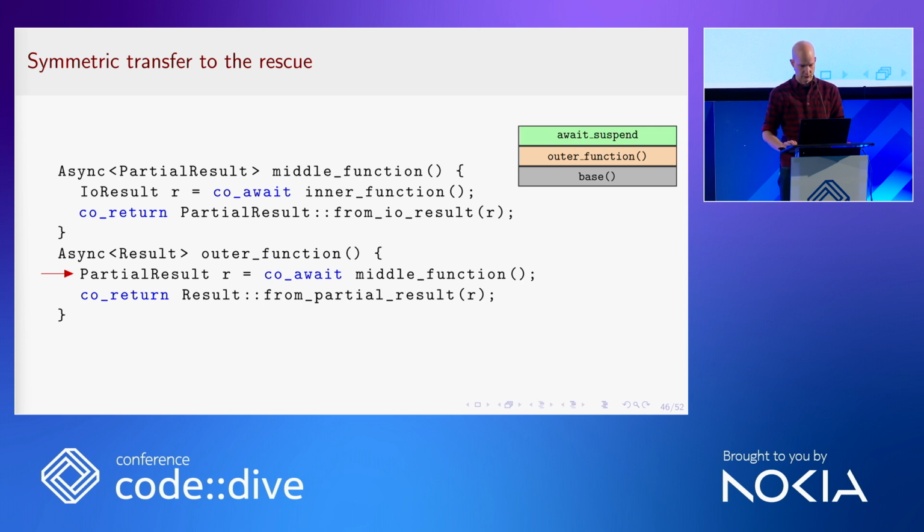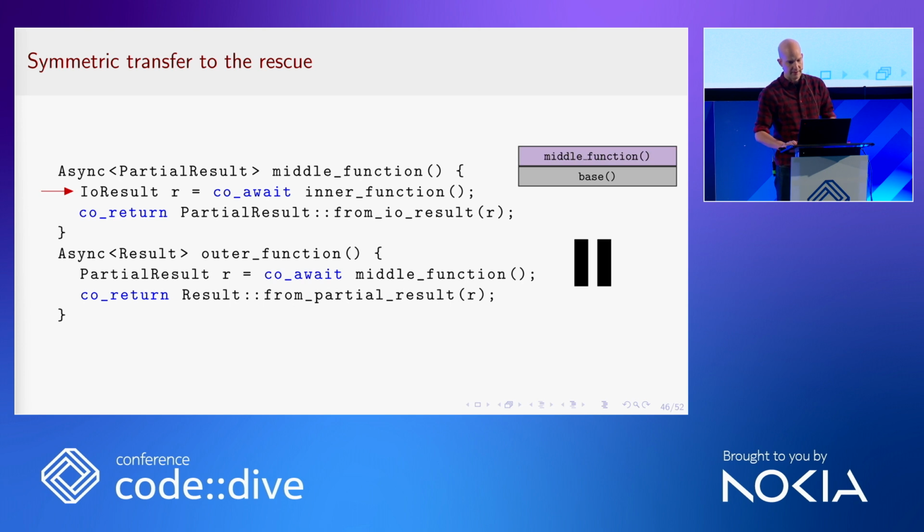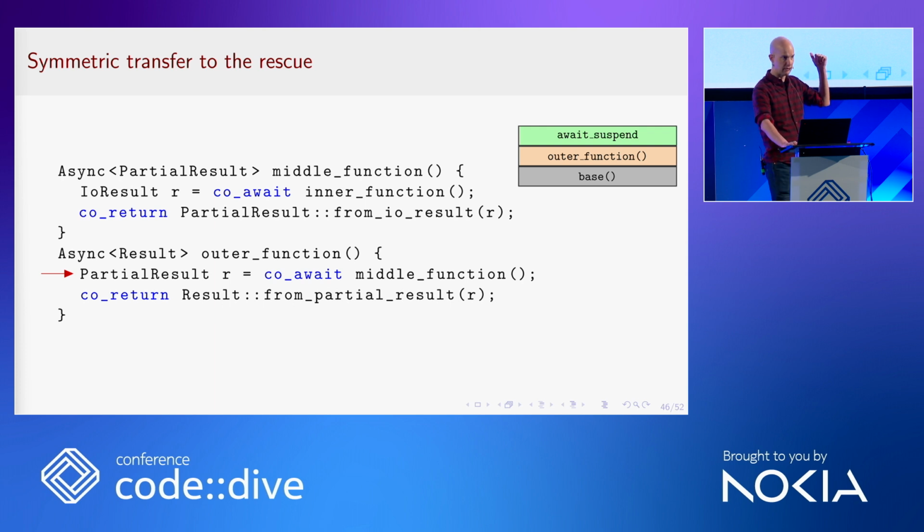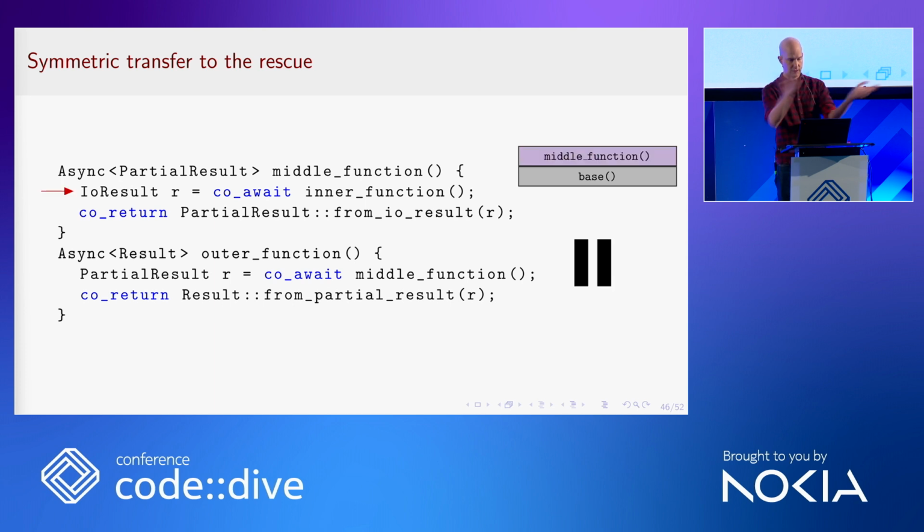It goes into await suspend, and then the await suspend returns the handle of the middle function. So we again do this symmetric transfer thing, right? So notice here we have the outer function, and now it goes away, and instead we get the middle function again. So the outer function suspends itself and then hands over via symmetric transfer to the inner function.